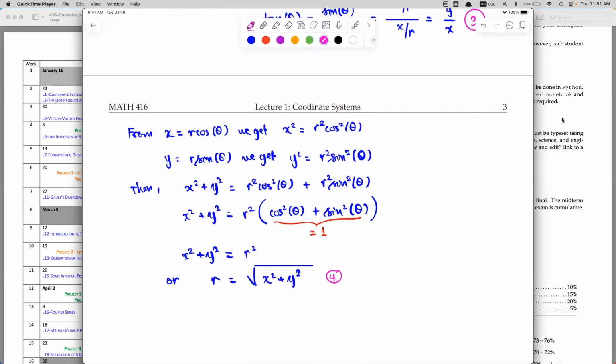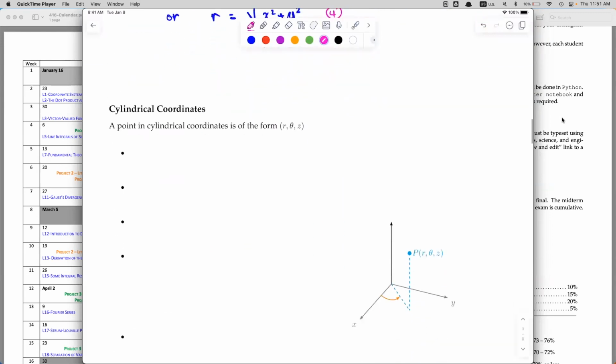Now we're going to move on to three-dimensional space, right? Using the information from polar coordinates, we add one more component to polar coordinates, and we get something called cylindrical. The cylindrical coordinate system is the three-dimensional system of r, theta, and z.